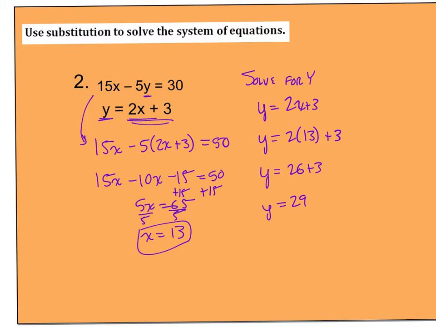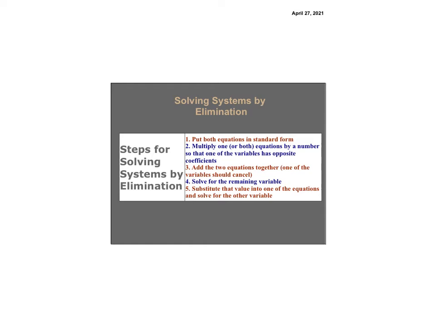So just from substituting and simplifying, y is going to be 29. There's my answer: 13 and 29. Again, I just put what y equals in for y, worked it out mathematically, then substituted back in and figured out what the other one was. Nothing too terrible.